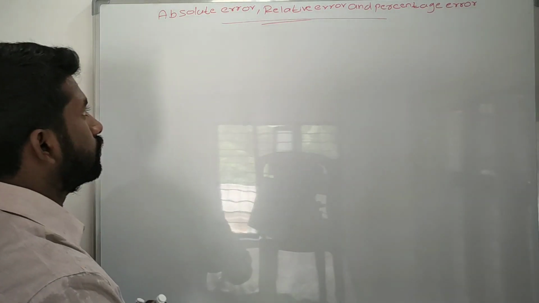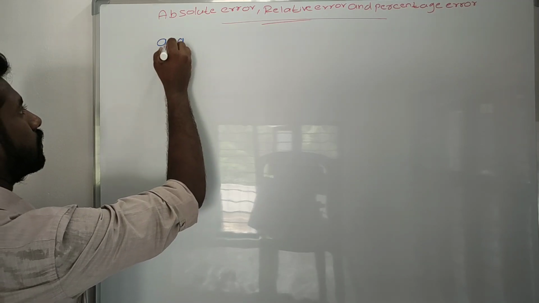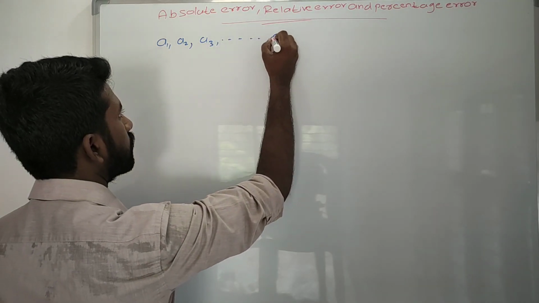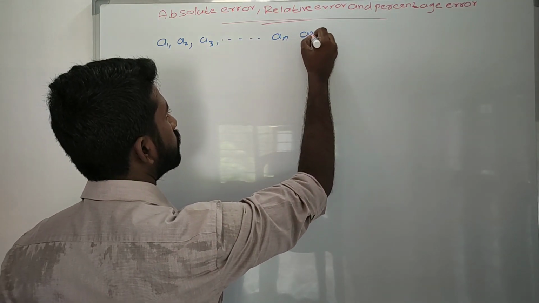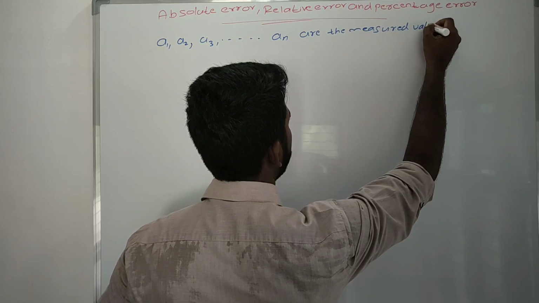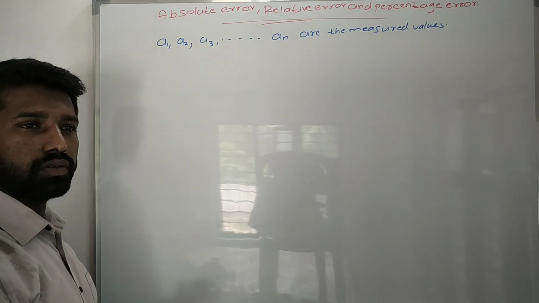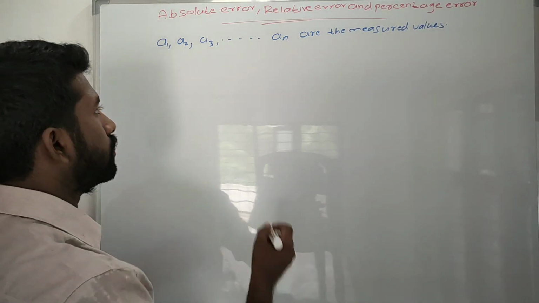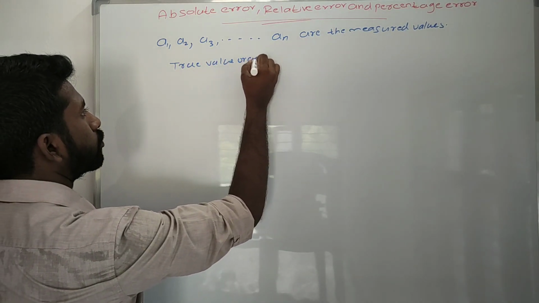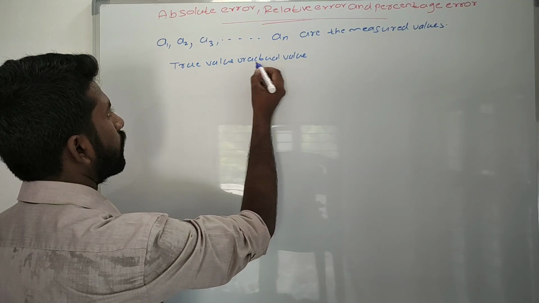Okay, clear? First I am taking measurements A1, A2, A3, up to AN as the measured values. Then we need to find the true value, or actual value, or accurate value.